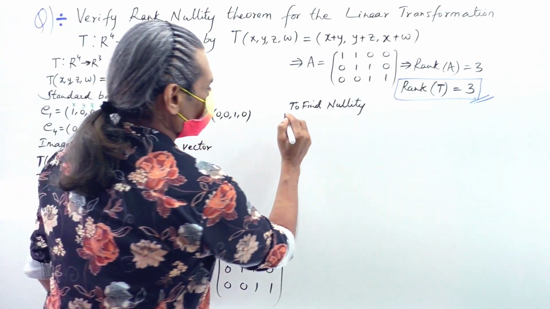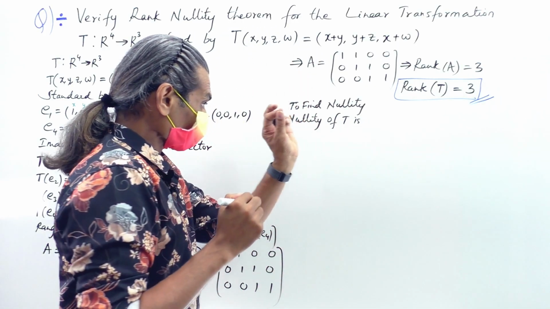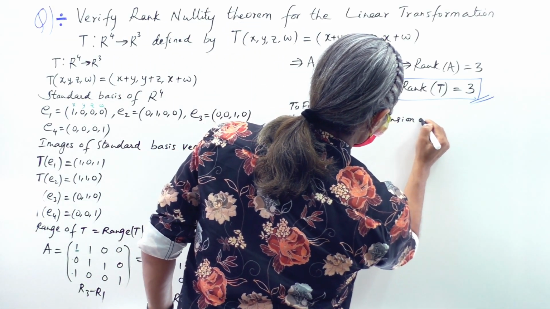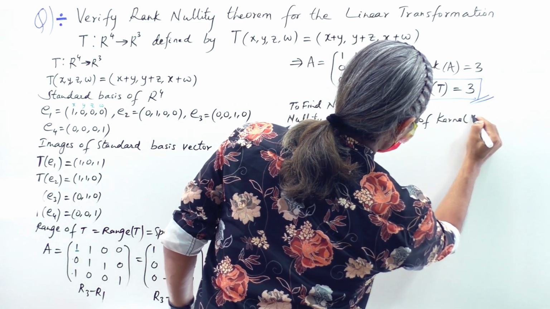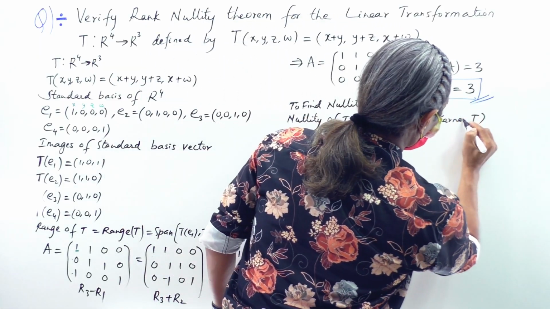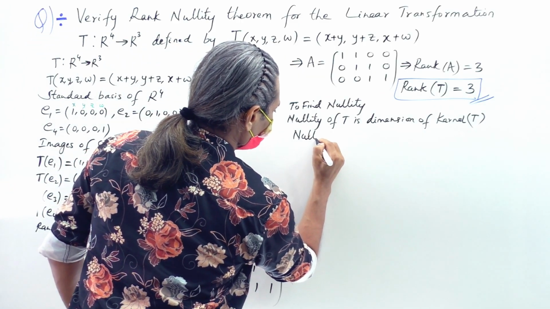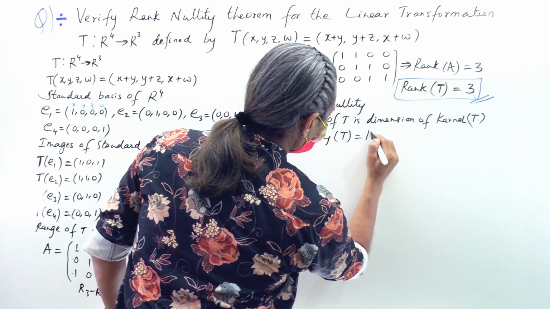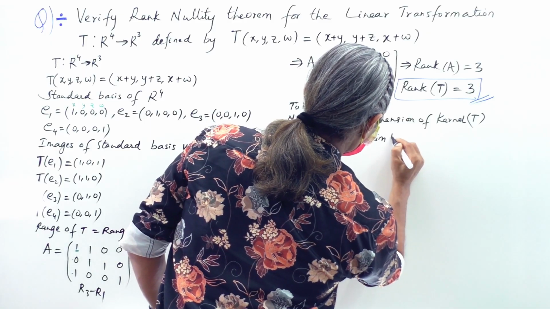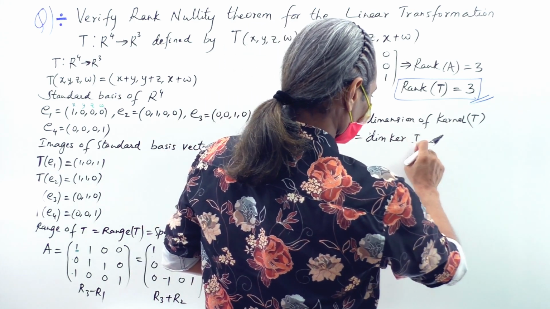Nullity of T is the dimension of the kernel of T. I write here, nullity of T is the dimension of kernel T. This is what we have. Or I can write it like this also, dimension of kernel of T.